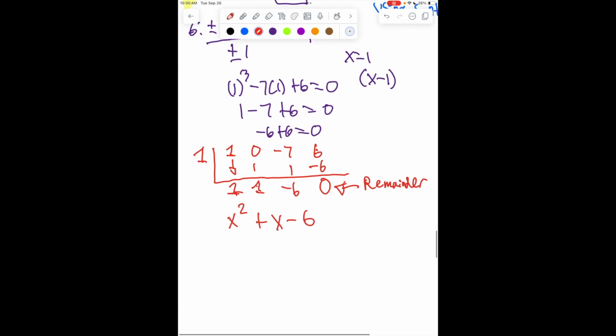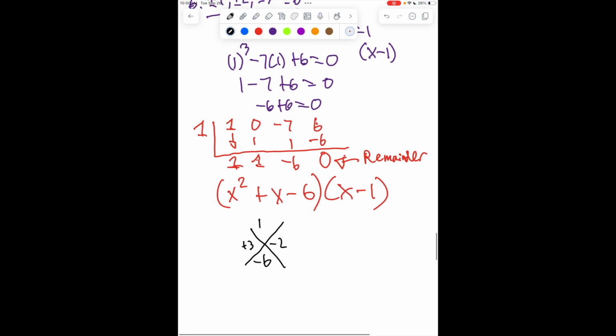So I know that I've got a factor of x minus 1, and a factor of x squared plus x minus 6. From here, I can use my factoring. What two numbers add up to 1 but multiply to -6? That's going to be +3 and -2.